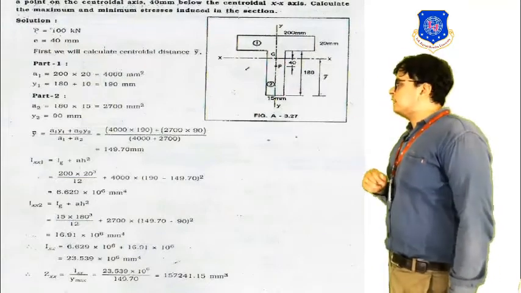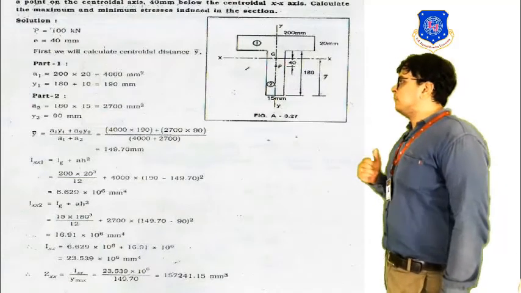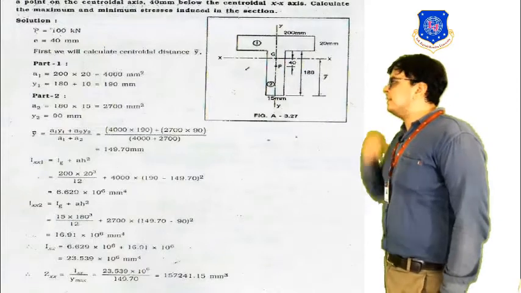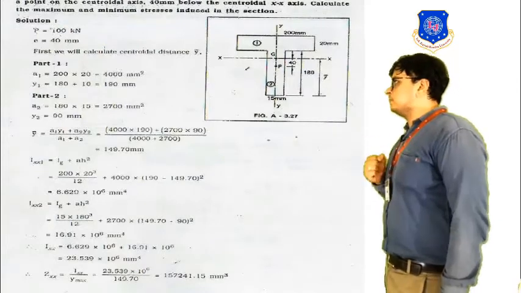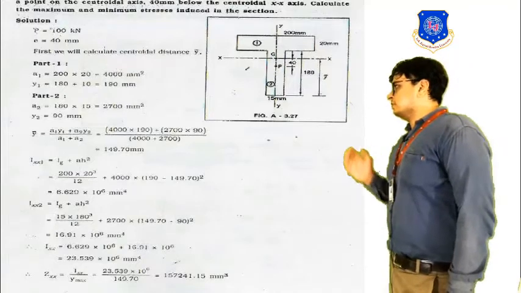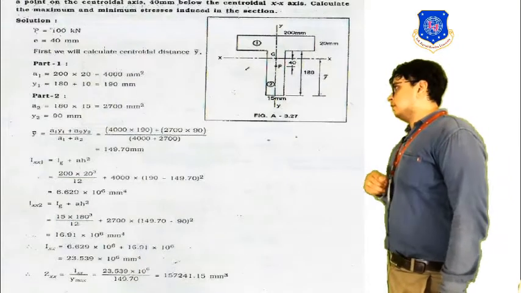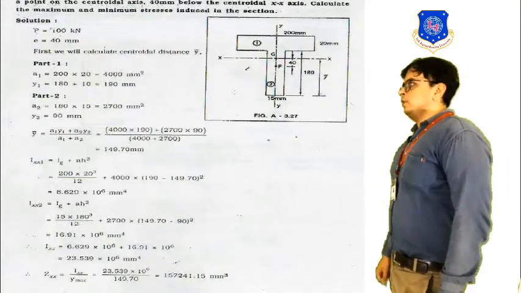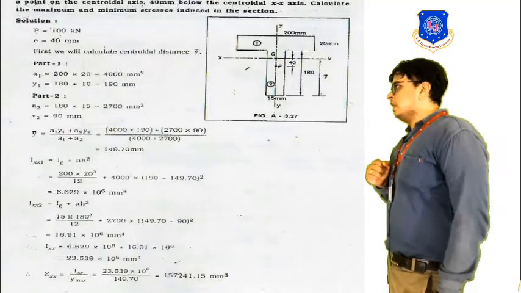We have found the moment of inertia of both the members of the division we have made. Ultimately, we have divided the section into two parts: the top rectangular flange part and the bottom vertical rectangular web part. We have found the moment of inertia of it.